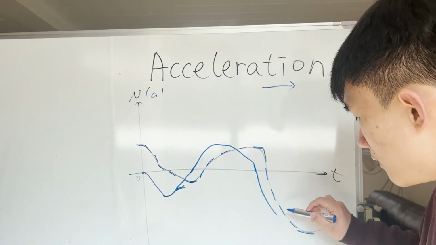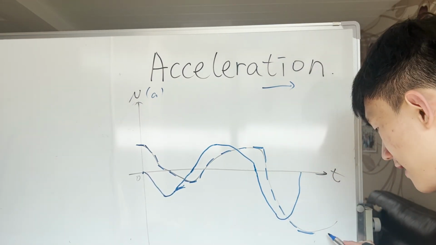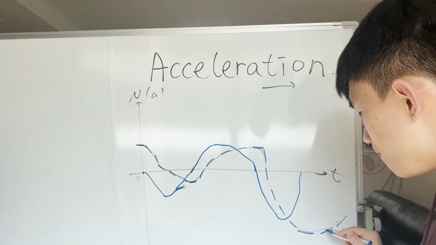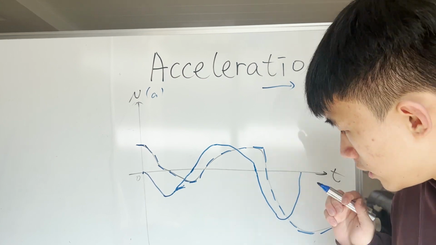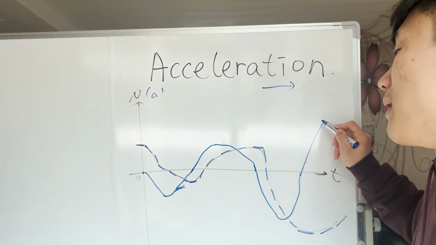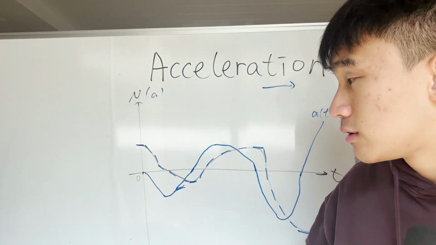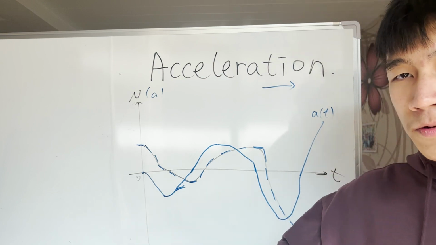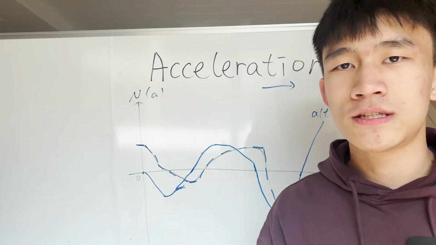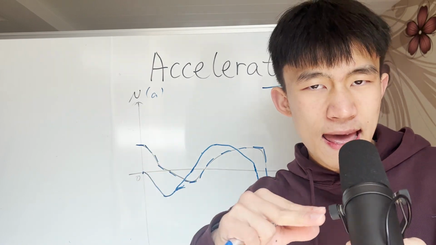It doesn't accelerate, so the acceleration goes back to 0 again, and then it starts to accelerate again. We are drawing the tangent, and we're looking at the slope. The slope becomes positive again, so the curve goes right back up. So this is the AT graph. This is the AT curve of this object. This blue curve gives you the information of the acceleration of the object at every moment.